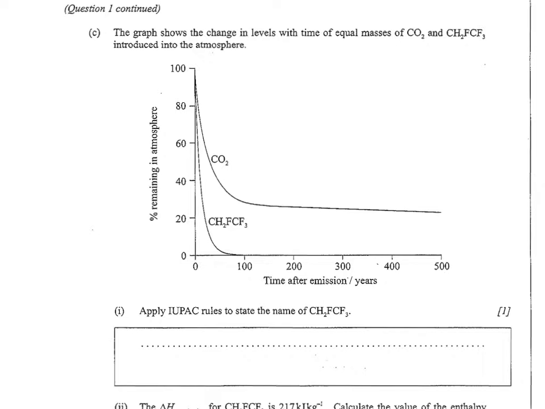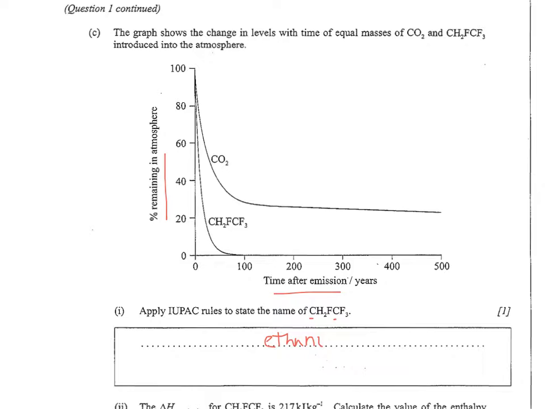On part C, we have another graph here comparing the percent of either CO2 or CH2FCF3 remaining in the atmosphere compared to the years since it's been emitted. Part 1 simply wants you to use the IUPAC rules to state the name of CH2FCF3. Since we have 2 carbons, and it's all single bonds, here it's saturated, you could think of this as an ethane group.